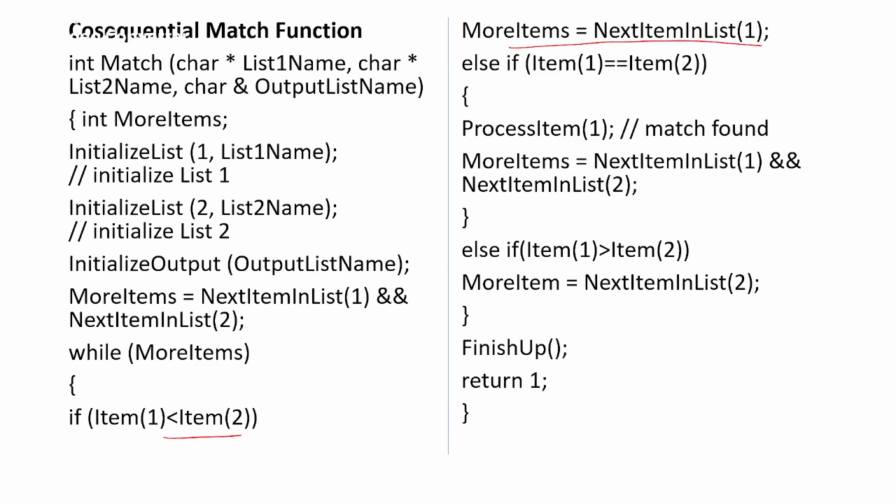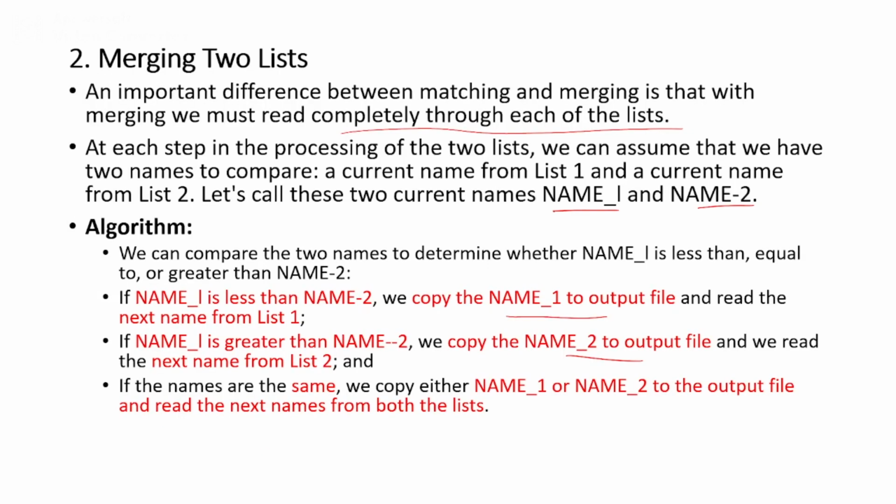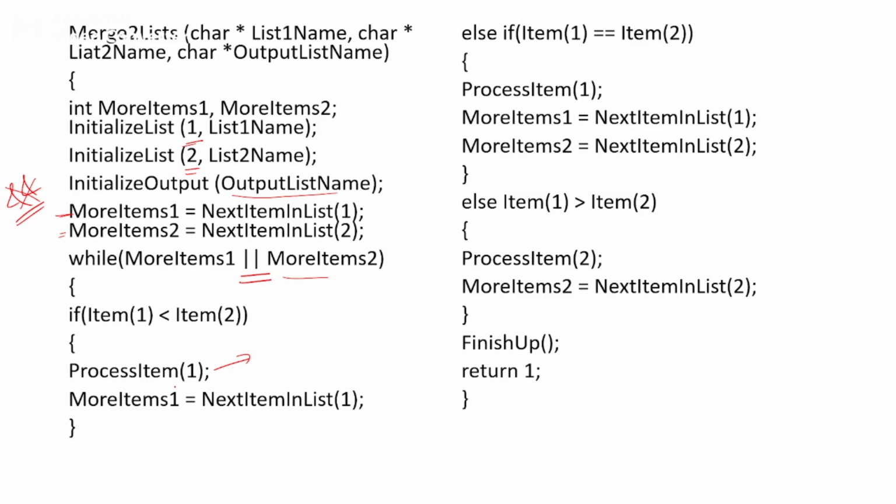There is no process item, that is, output is not there. But here you need to output that element. Process item 1 needs to be done in order to get the output. Then more item 1, you are going to put the next item in list 1.